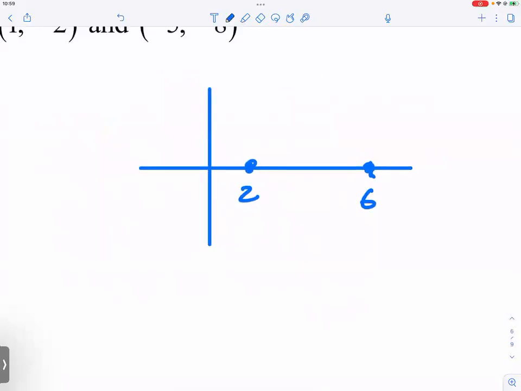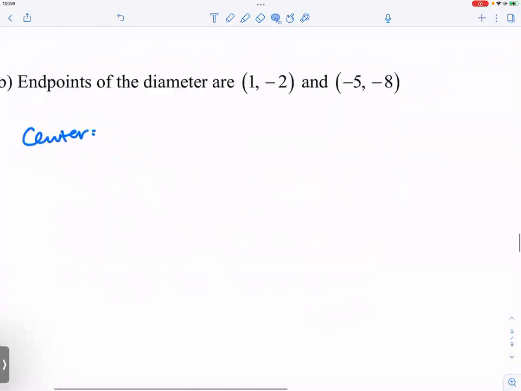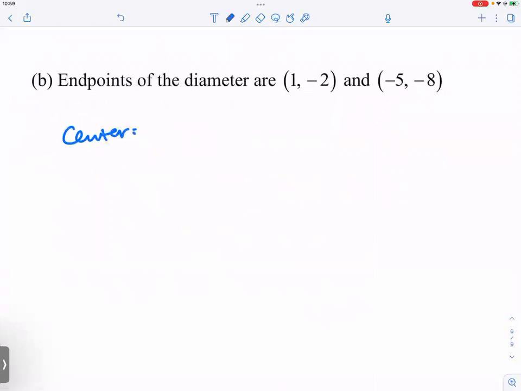You can see it's 4, but how can we do it mathematically? 2 plus 6 divided by 2, which is how you do averages, right? You have done your averages all the time. You average your test scores, quiz grades. So it's just finding averages. So the center in this case would be (-2, -5). That's the center.